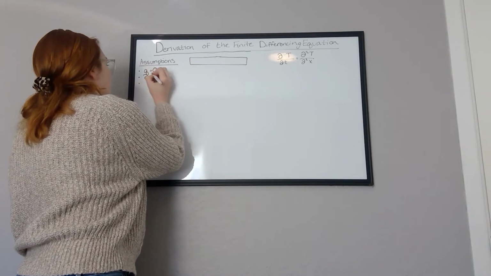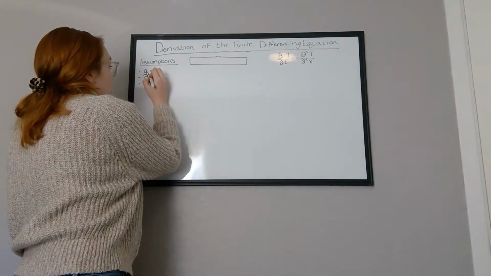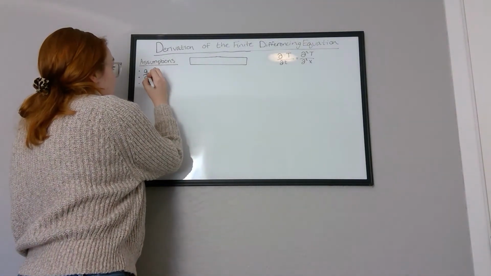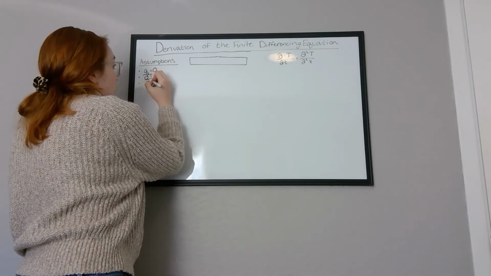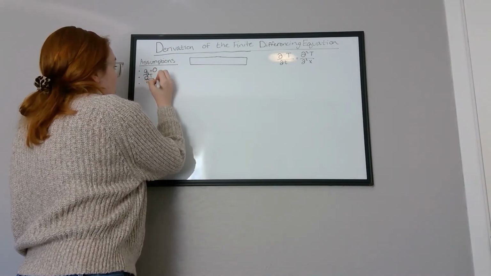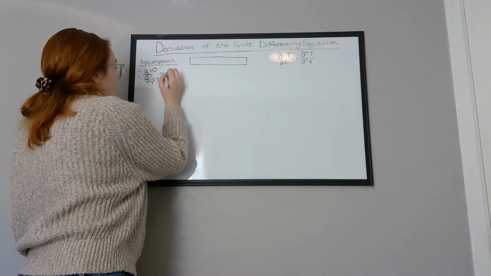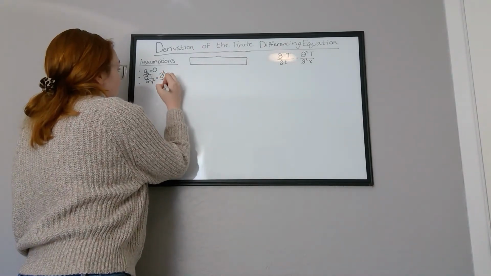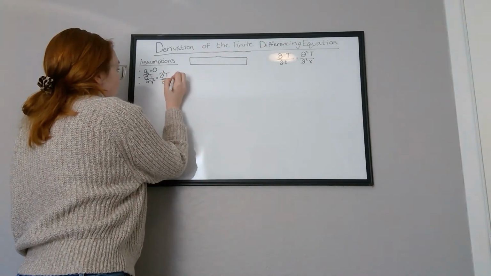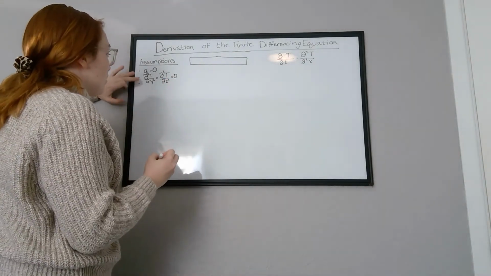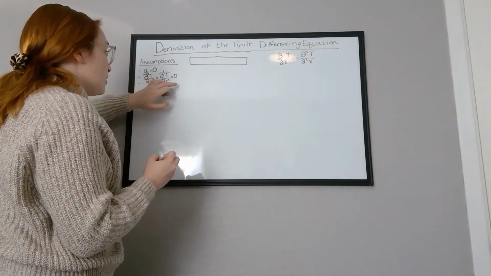And you show that by putting the partial derivative with respect to y and z both equal to 0.